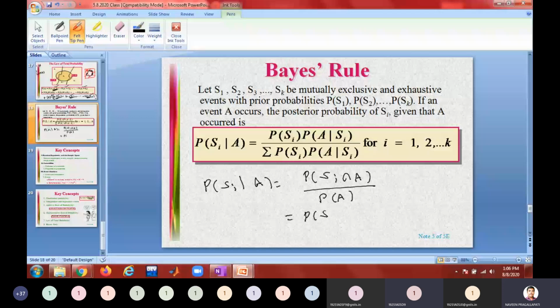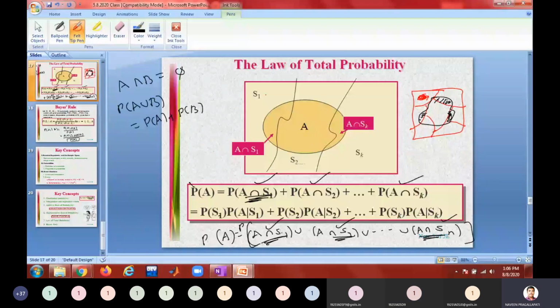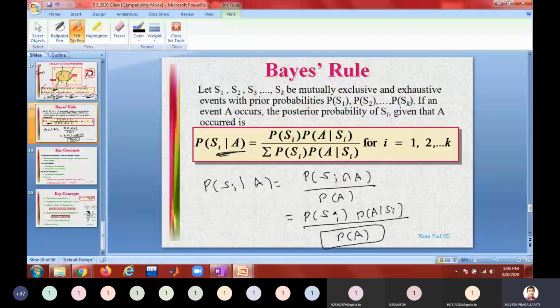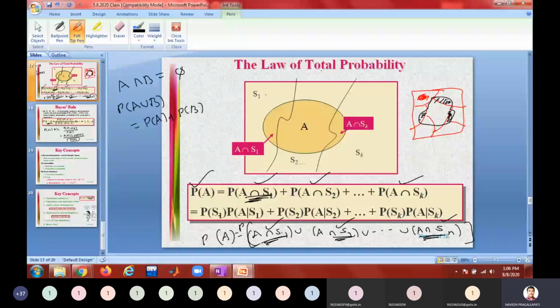And P of A is the sum of all branch products, the total probability. So the numerator is the ith branch product by the sum of all branch products. Bayes rule is the other way around. So this is the law of total probability, and this is Bayes rule.